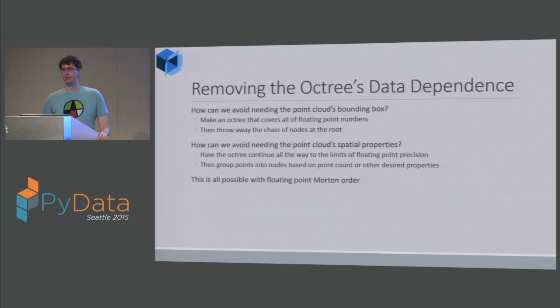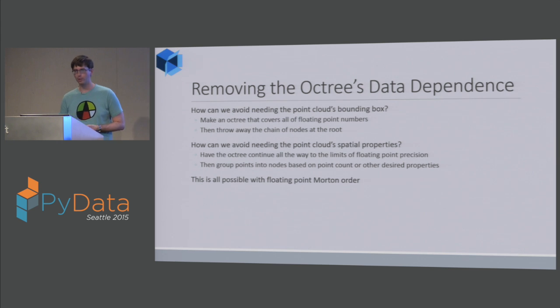So what could we do to alleviate that? If we made an octree that just covered all the floating point numbers, that would help, right? Then there's no question of what the root node is. And we can do that, and then just throw away, you'll get a chain that goes to the root that contains everything. That turns out not to be too bad. What about knowing the spatial properties?